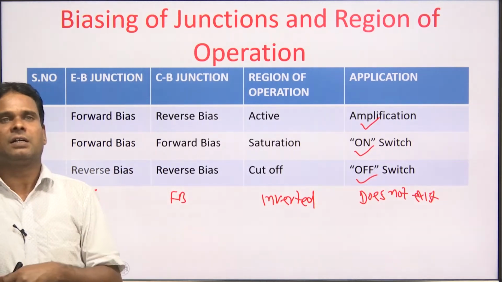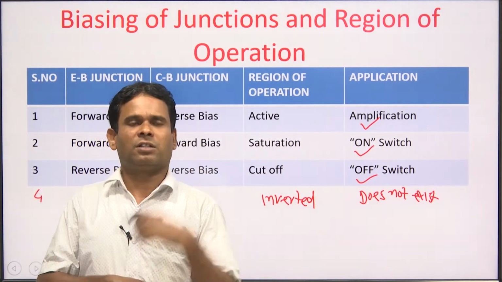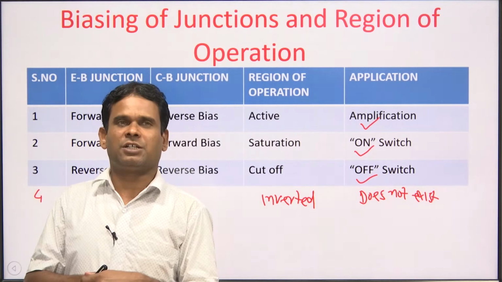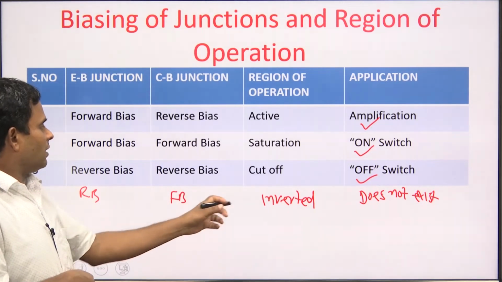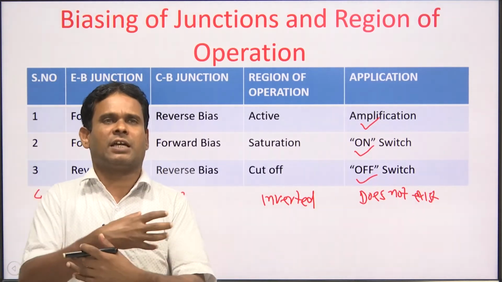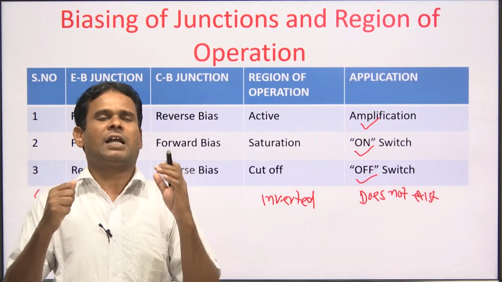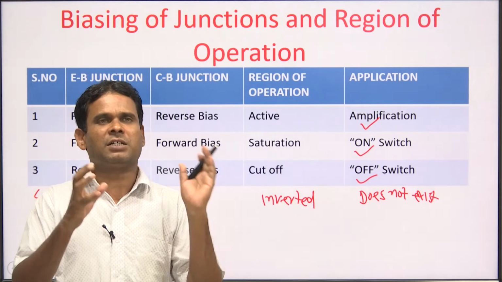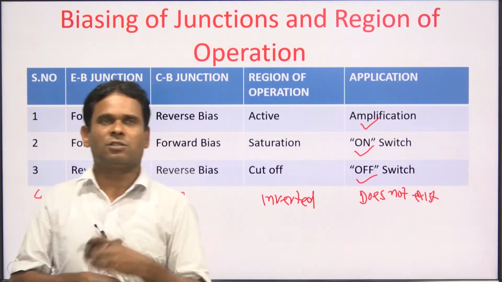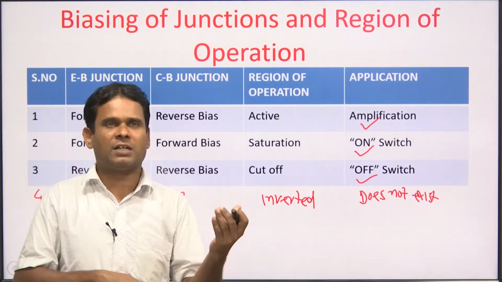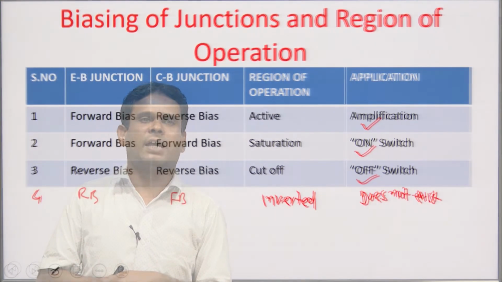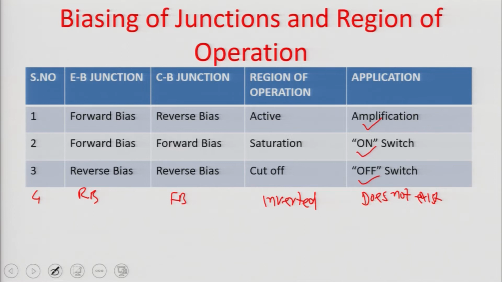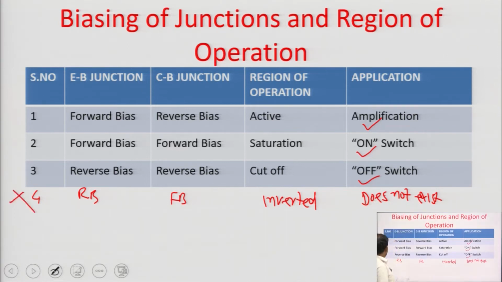This biasing or connection of the battery does not exist for a bipolar junction transistor, because the functions of these two layers interchange, but the collector size is greater and the emitter size is less than that of the collector, so it is not possible. As per the function and the role, we have already decided the size as well as the doping of the bipolar junction transistor. So the fourth one does not exist.